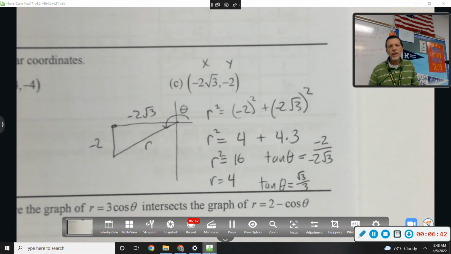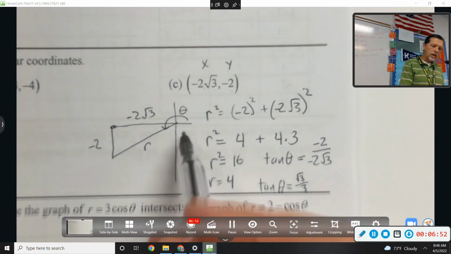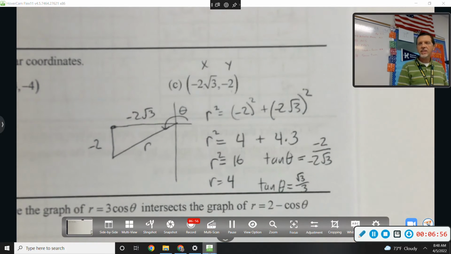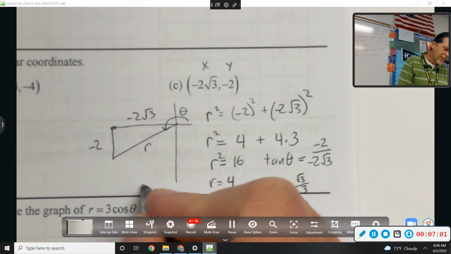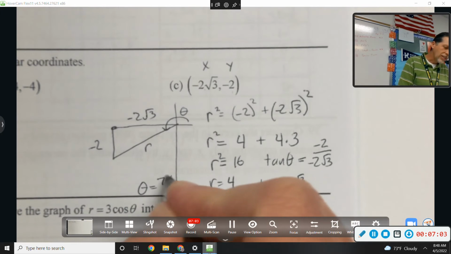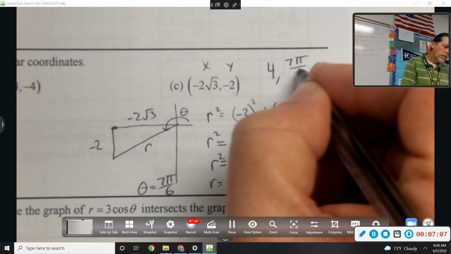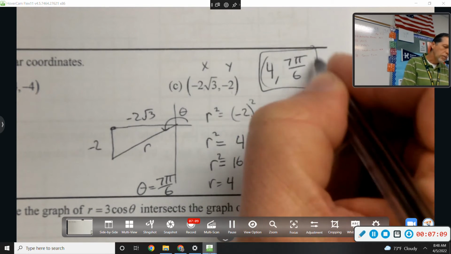So what angle has a tangent of root 3 over 3? Pi over 6. Yes. Is this angle pi over 6? No. What is that angle? 7 pi over 6. Again, the picture helped there. So 4, 7 pi over 6 for the polar coordinate.